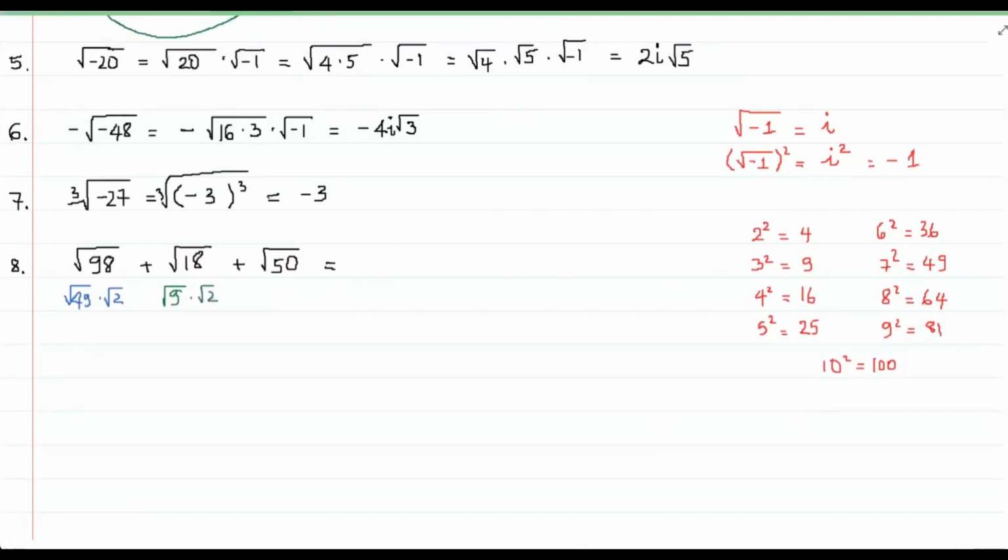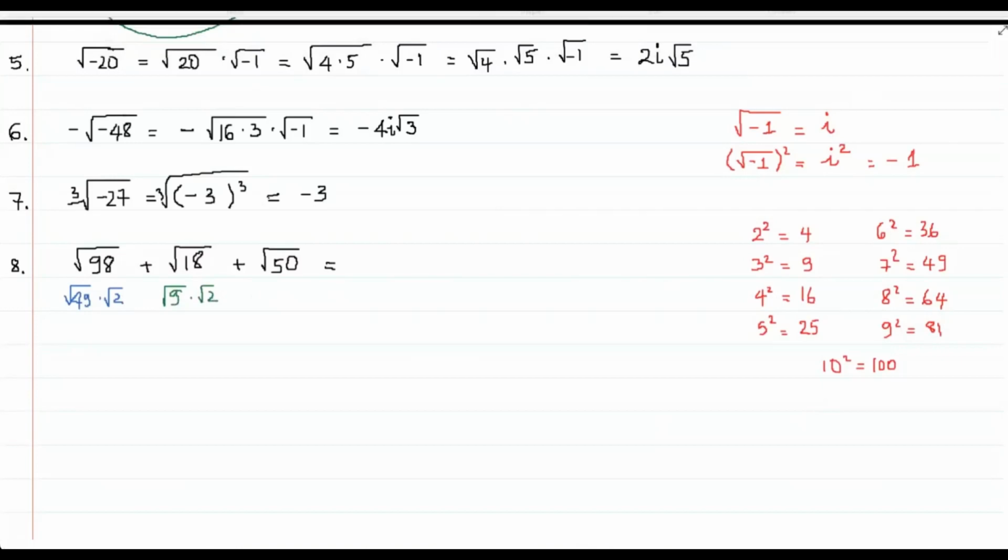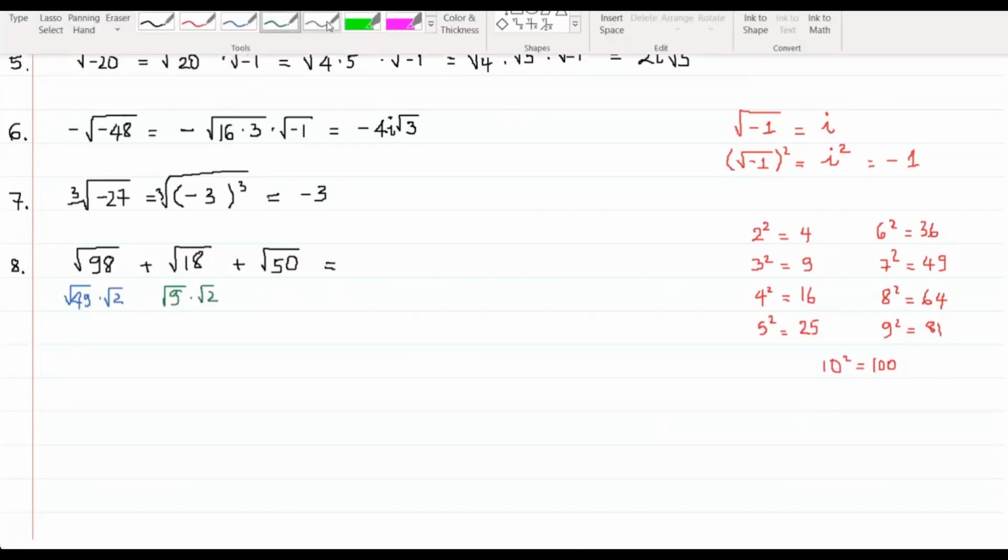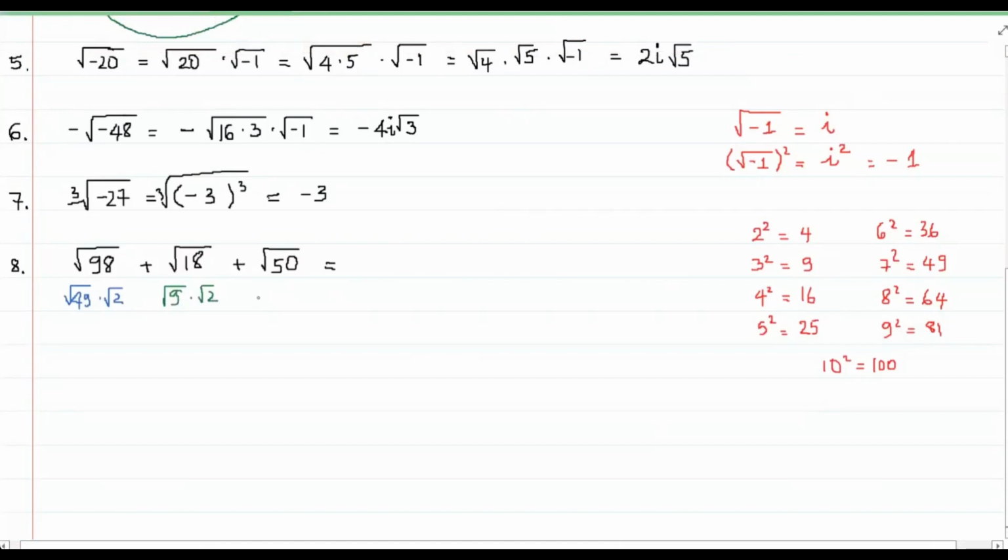Now 50 is the square root of 25 times the square root of 2. And you can see they have the common factor, the square root of 2, right?